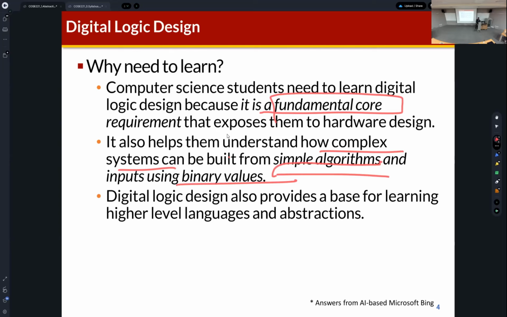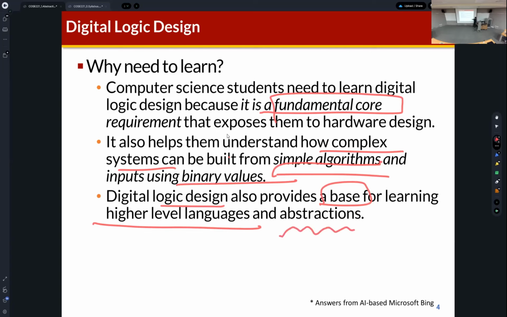And then logic design also provides a base for learning high-level languages. It means programming languages, higher-level languages, equivalent to abstractions.